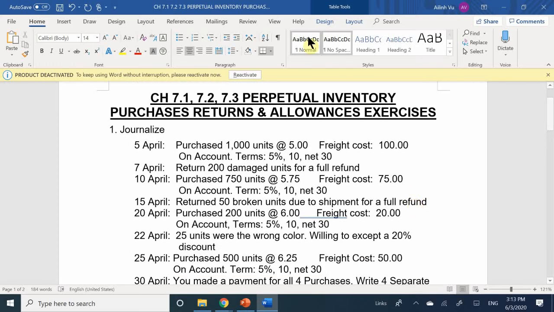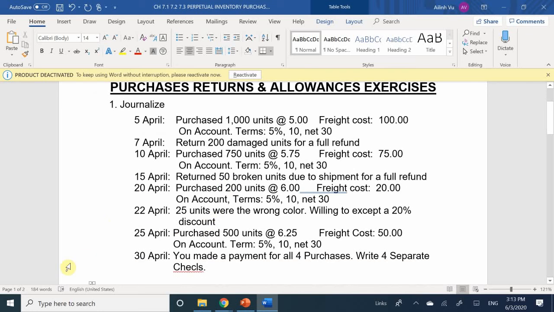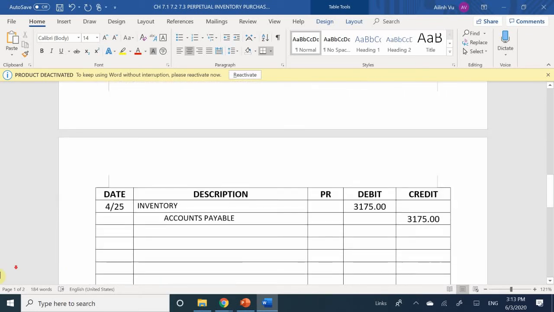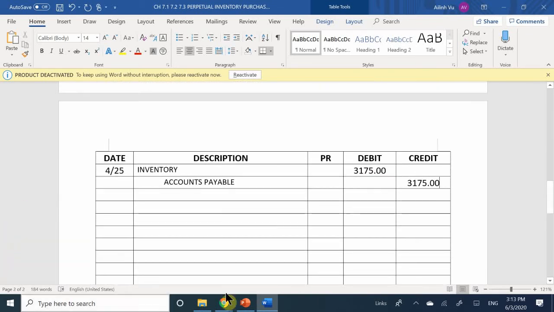So we made purchases of inventory 4 times. Now we're going to go through each transaction, and for every single one, we're going to write a separate check. First we're going to recognize which transaction came first.